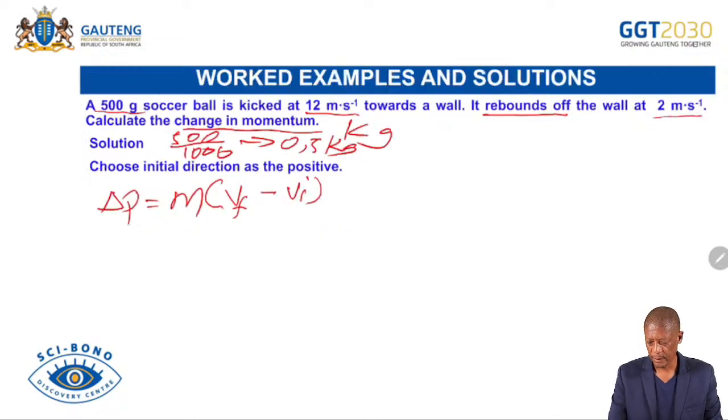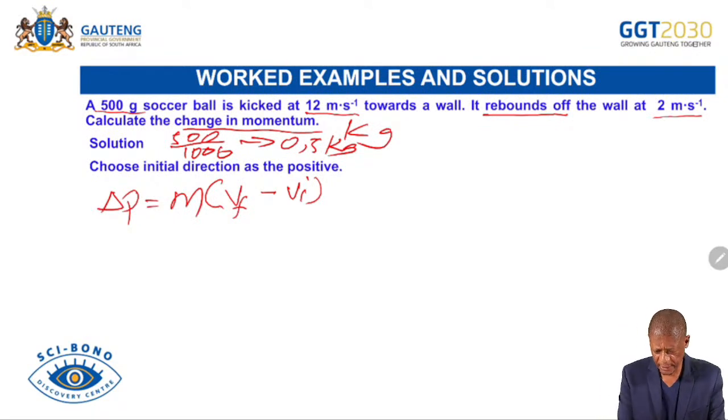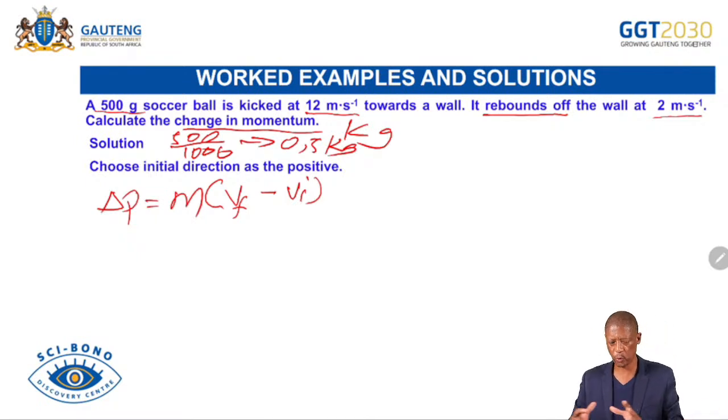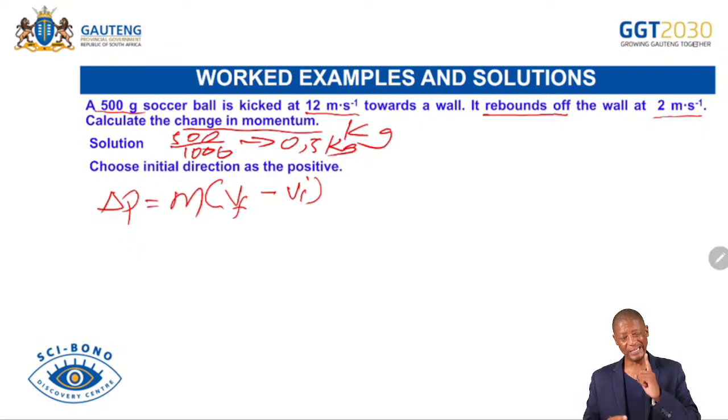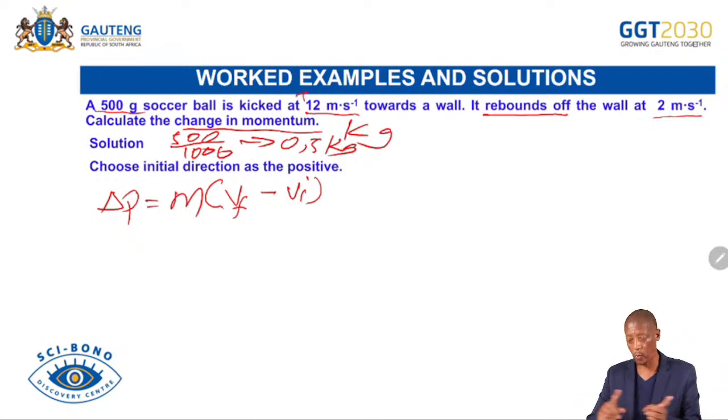All right. Now, how do we calculate then? We must take direction into cognizance. They say the ball is kicked towards the wall at 12. Kicked towards, it's the initial. The first velocity is the velocity that is moving towards the wall, and it is positive because it's moving towards the wall.